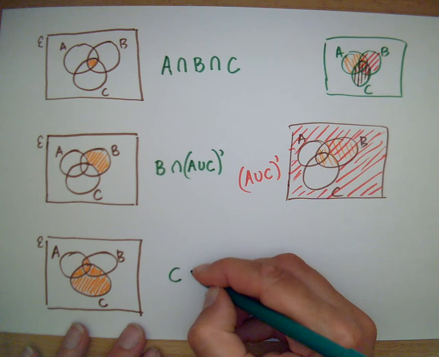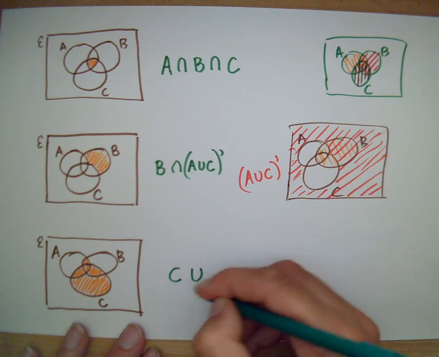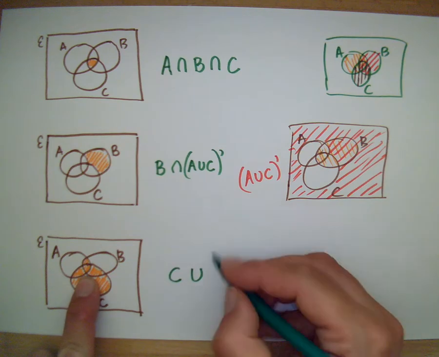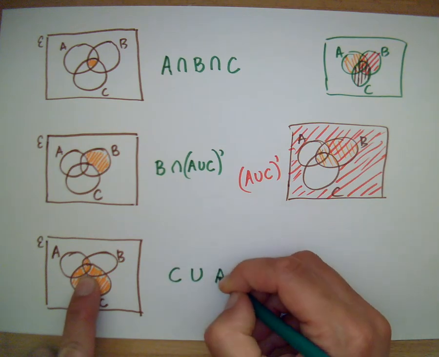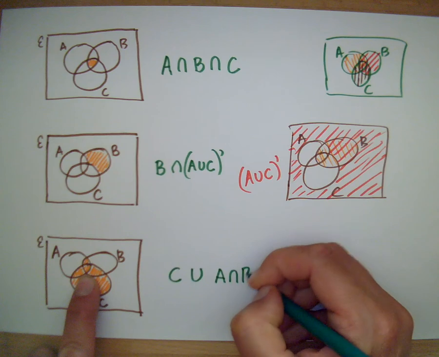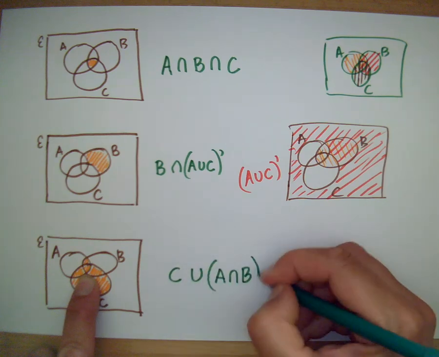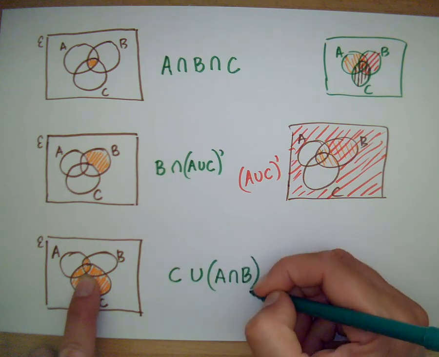So C combined with the union sign, the intersection of A and B. That's why we need the parentheses.